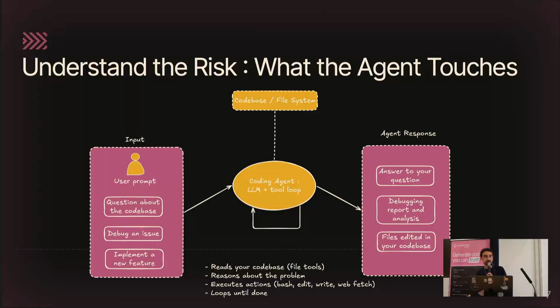It can reason about your problem. It can execute actions like bash, edit, write to your files, and it will loop on that until it's done. So it gives you as an answer to your question a debugging report or an analysis, or just edited files of your code base implementing the feature that you asked for.